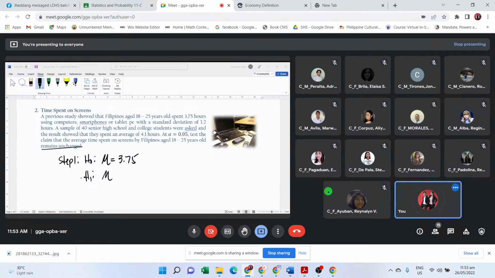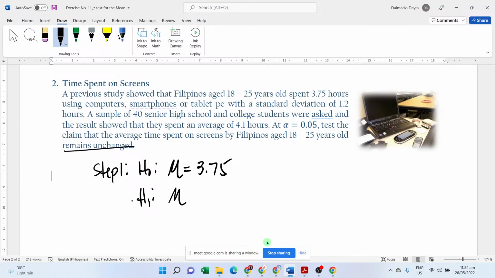Oh, kung hindi tutuloy ni Nixon, any other one, please, raise your hand. Dali, para mabilis tayo. Tapusin natin to. Madali lang naman. Yes, Brila. Ano po sir, not equal 3.75? Correct. Kabaliktaran niya, di ba?